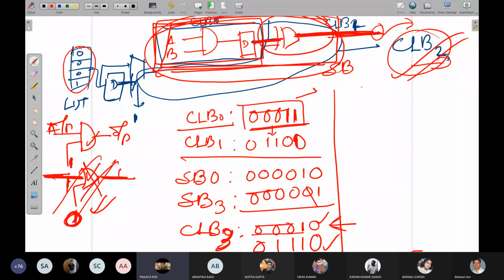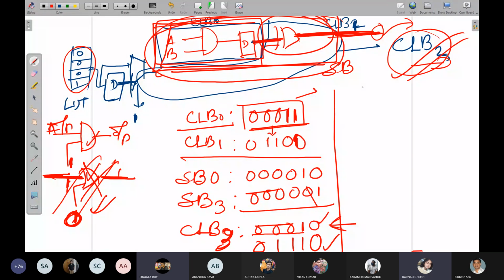Can you configure that, meaning the circuit, the SB and CLB? Can you just repeat that CLB1 configuration again? Your screen is not visible. Yes, now it's visible.